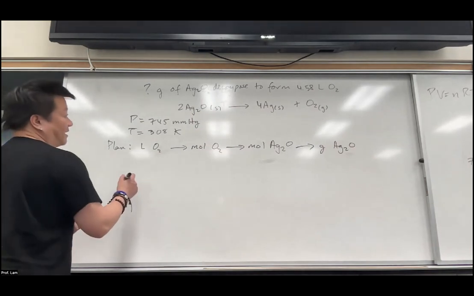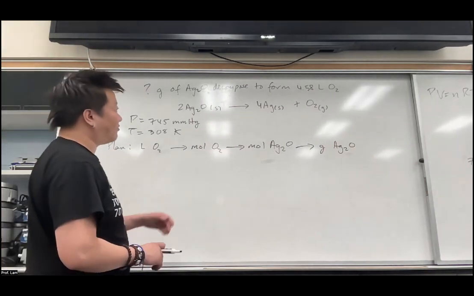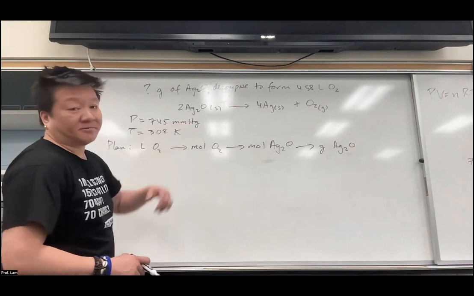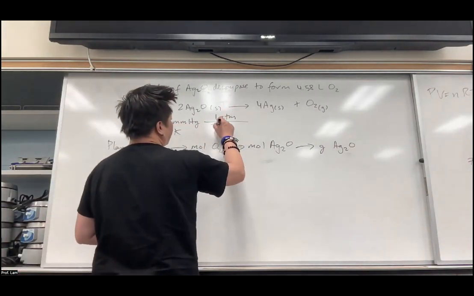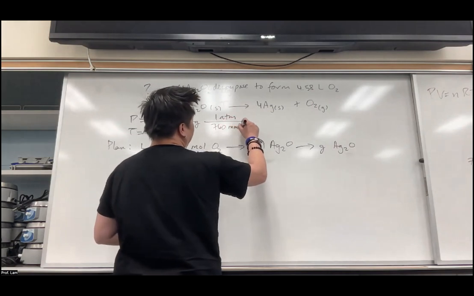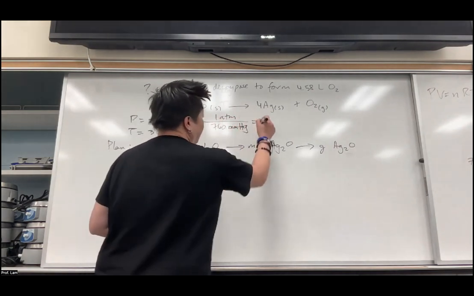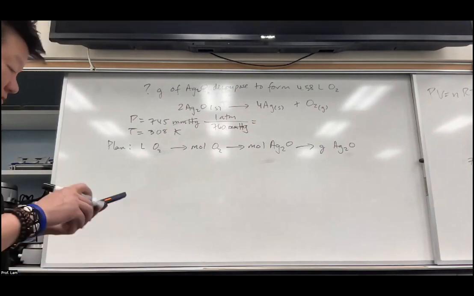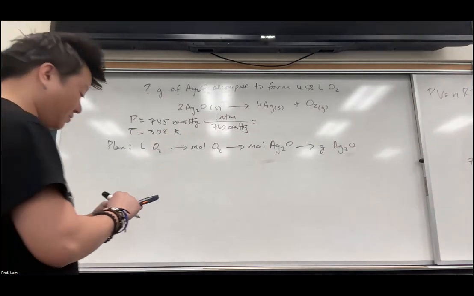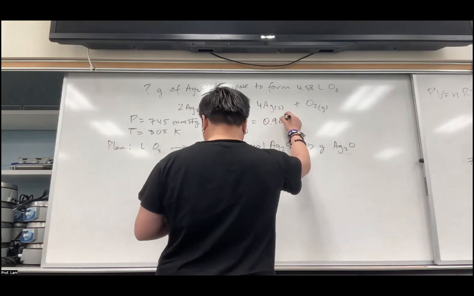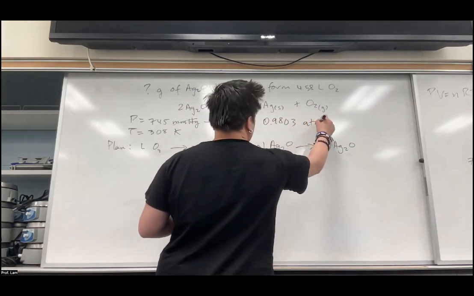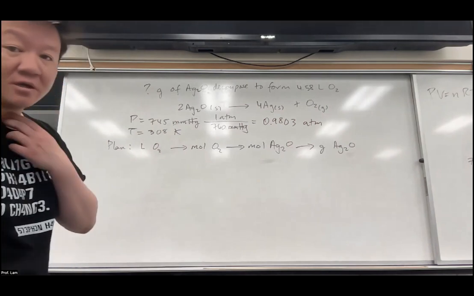All right, so let's see if we have everything we need. Oh, again, some millimeter mercury. Let's convert that to ATM. We know we're gonna need that number later, so we might as well do it now. 0.9803.